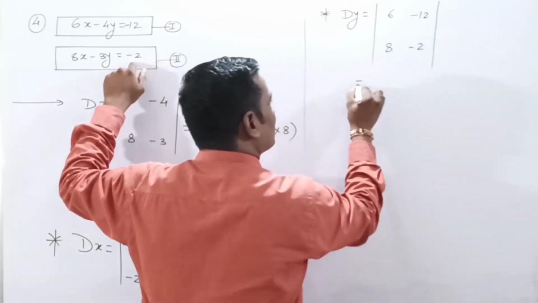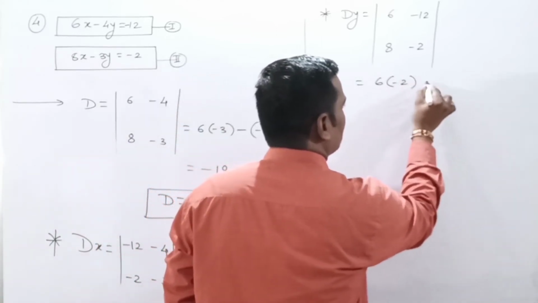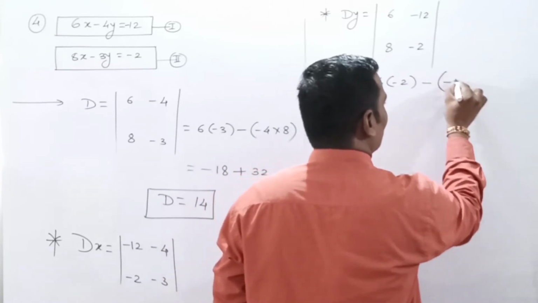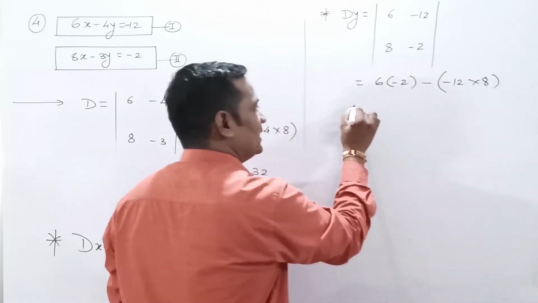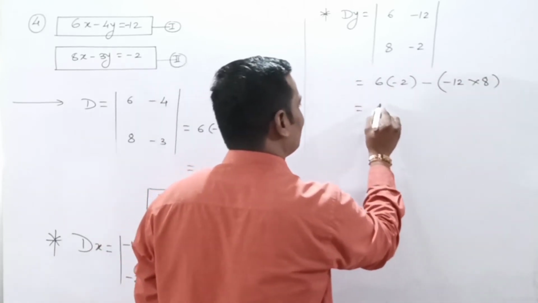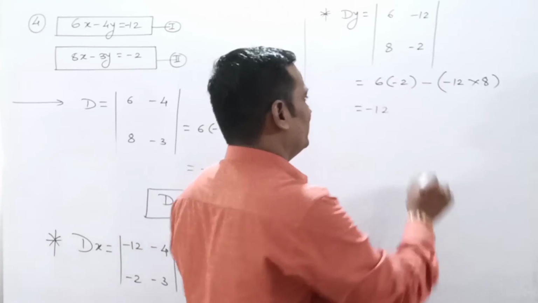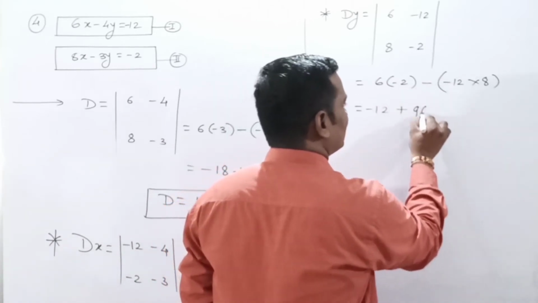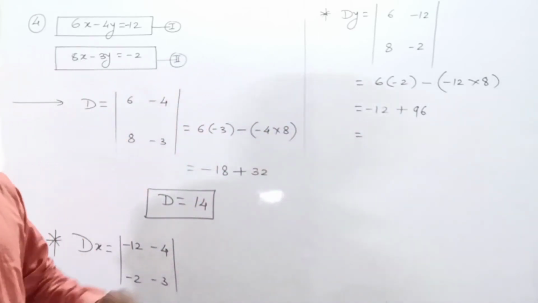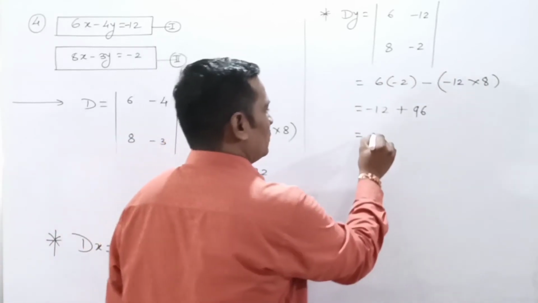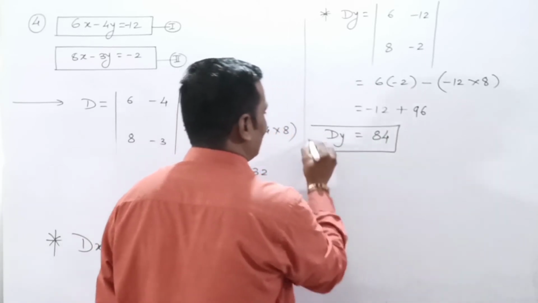Cross multiplication: 6 into minus 2, minus, minus 12 into 8. 6 2s are 12, so minus 12, and minus minus becomes plus 96. 96 minus 12 is 84. So dy is equal to 84.